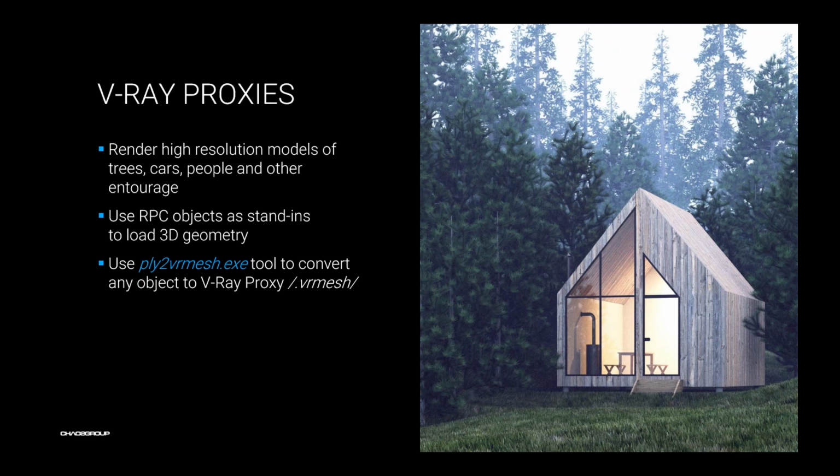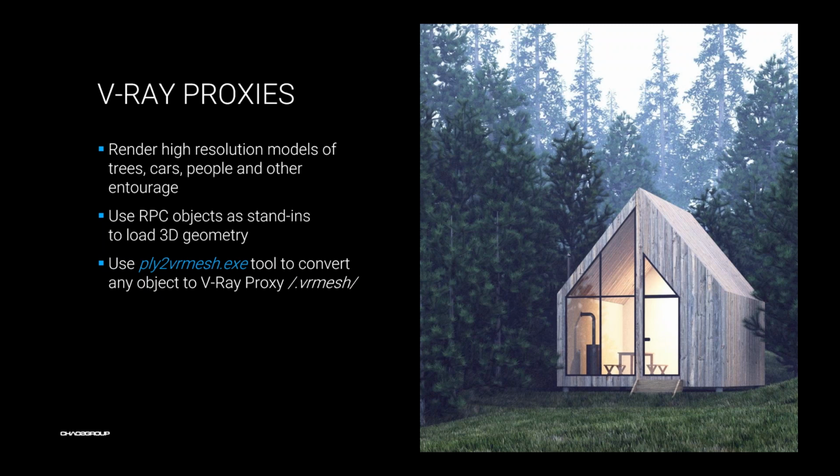Currently, we are unable to load proxies directly into Revit the way it is in V-Ray for SketchUp, for example. Therefore, you need to have RPCs in the scene because they serve as stand-ins for proxies and they're overridden at render time.